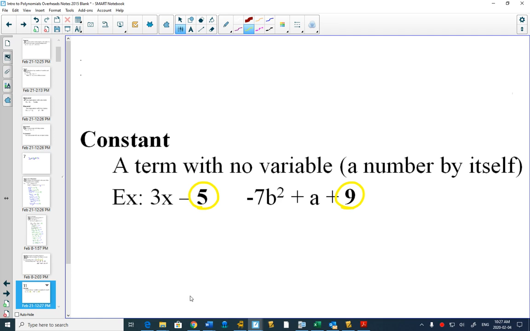It's a binomial. Okay? Luke, you've been eliminated. That means he's not allowed to answer the next question because he got one right. It's a binomial because it has 2 terms. The subtracting separates it into term 1 and term 2. Okay?